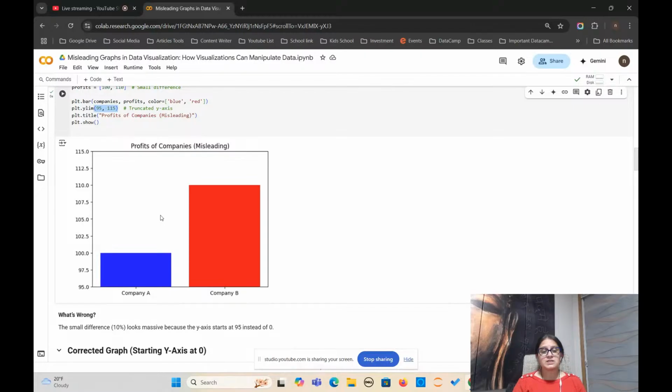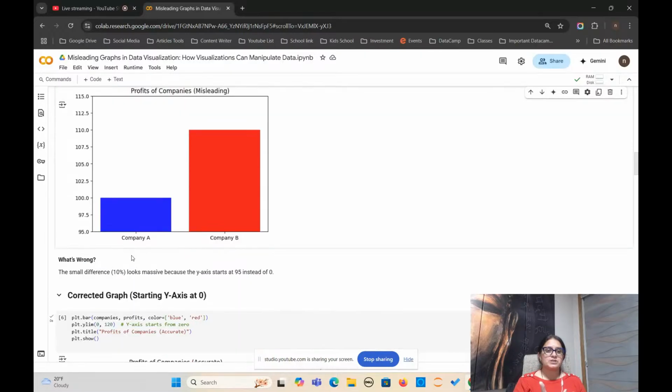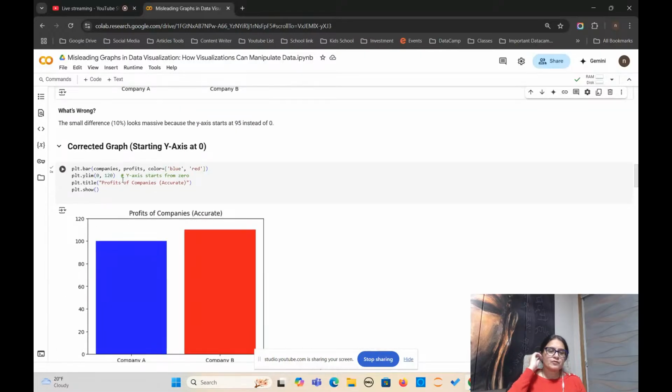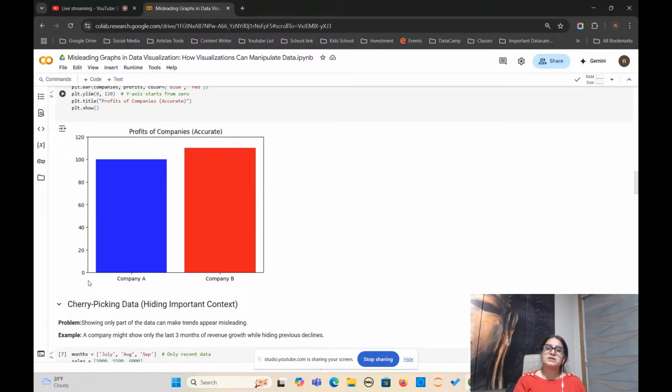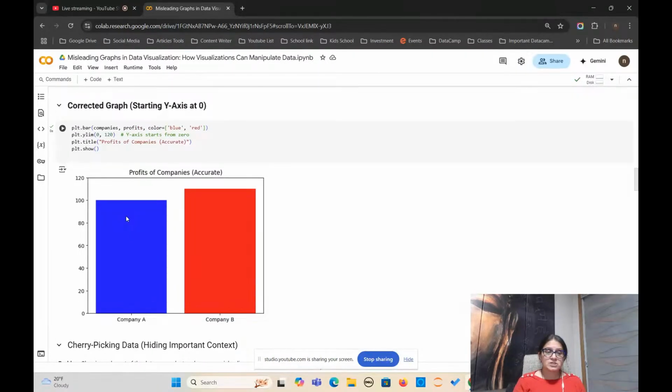The correct way is to standardize the distribution if the units are high, and then draw the graph, or never try to limit your y-axis, because it will change your information. Now look at the difference. If you correct the graph, starting the y-axis at 0 with the proper information, see the difference.